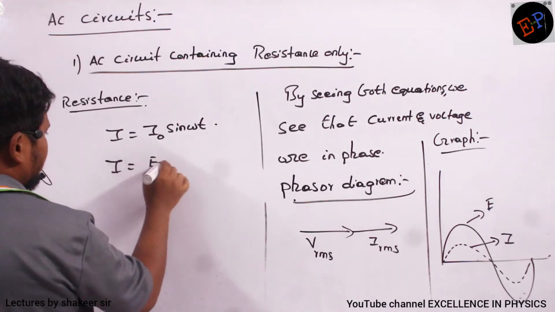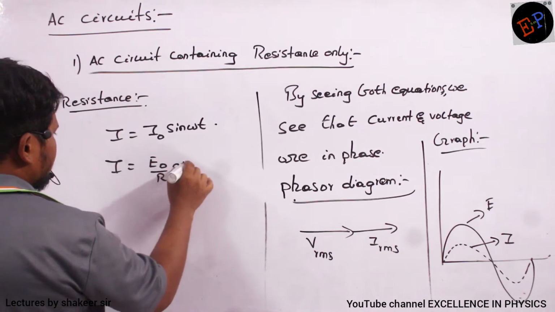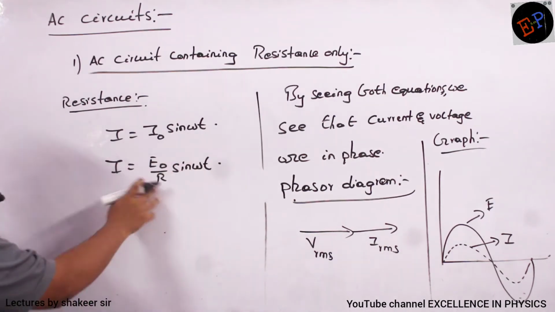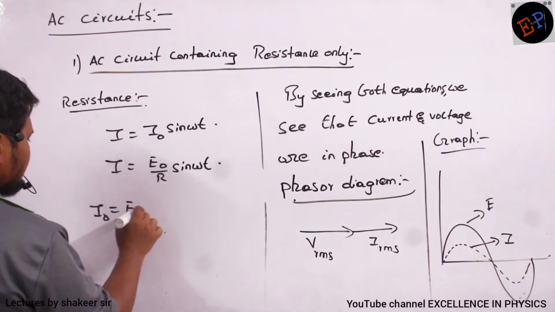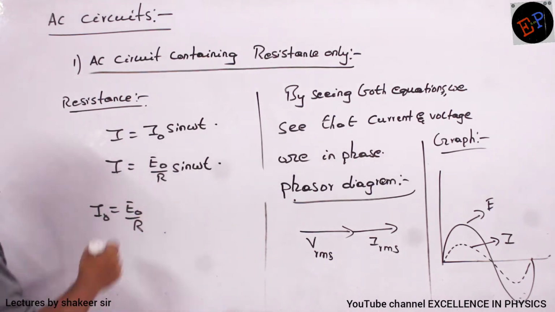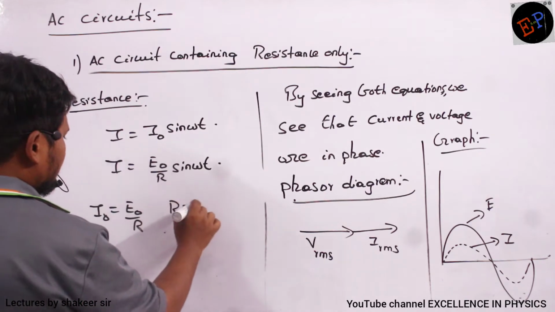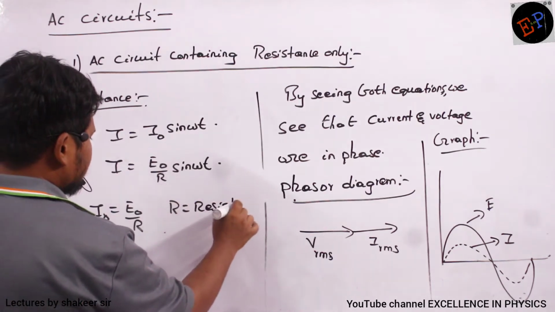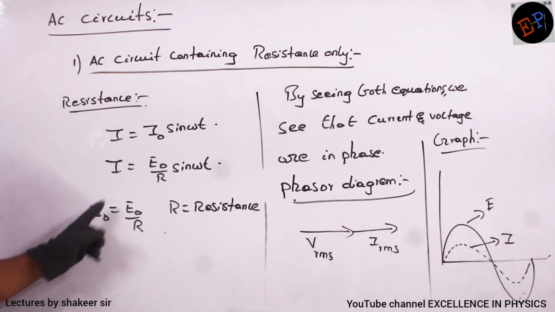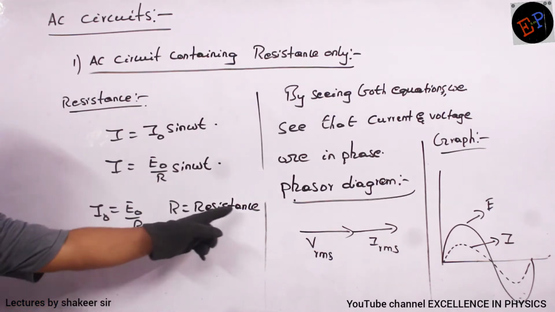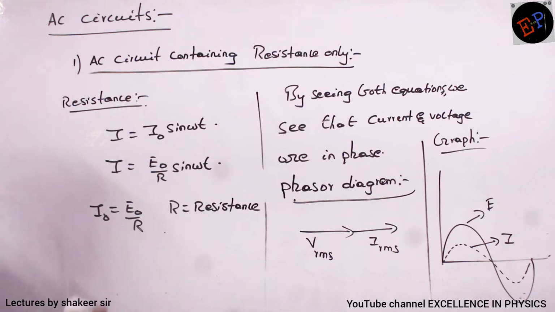I got E naught by R sine omega t. This was the equation which I got, no? So if you compare both equations, I will get I naught is equals to E naught divided by R. By Ohm's law, what is meant by R? R is called as resistance of the circuit. I is equal to V by R. So R is called resistance of the circuit. Are you able to understand?